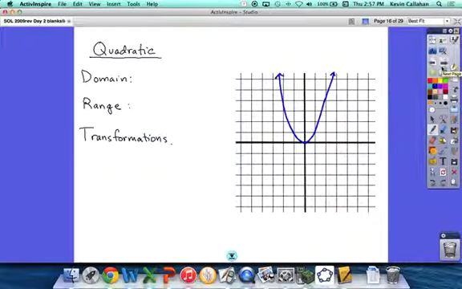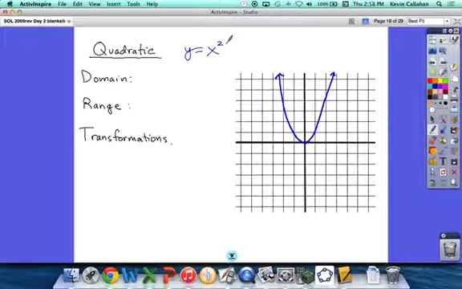Quadratic, right? What do you call the graph of a quadratic function? It's a parabola, right? And again, the parent function is y equals x squared. Now again, can you imagine anything that you could plug into that x that would lead to some undesired consequence? Right? So it's all real numbers.